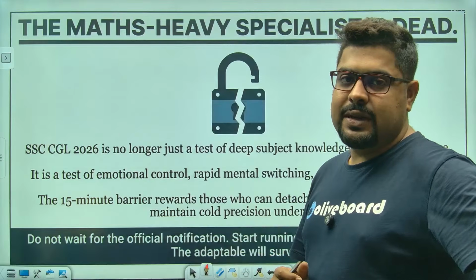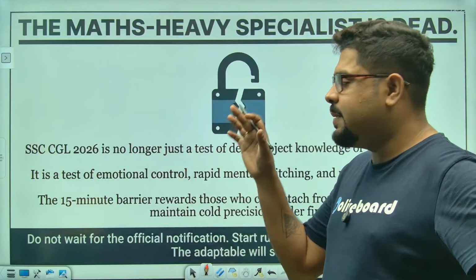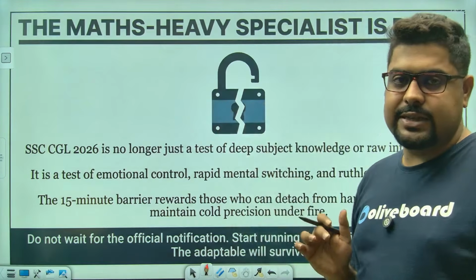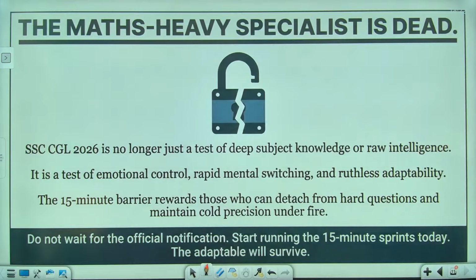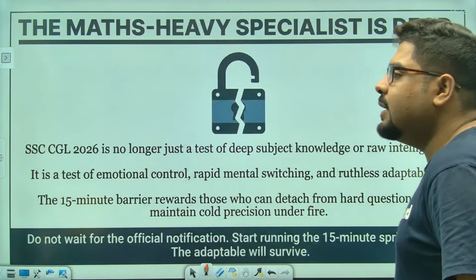You see how the exam has changed because of this one simple change. Rapid mental switching between the sections, and ruthless adaptability. The 15-minute barrier rewards those who can detach from hard questions and maintain cold precision under fire.